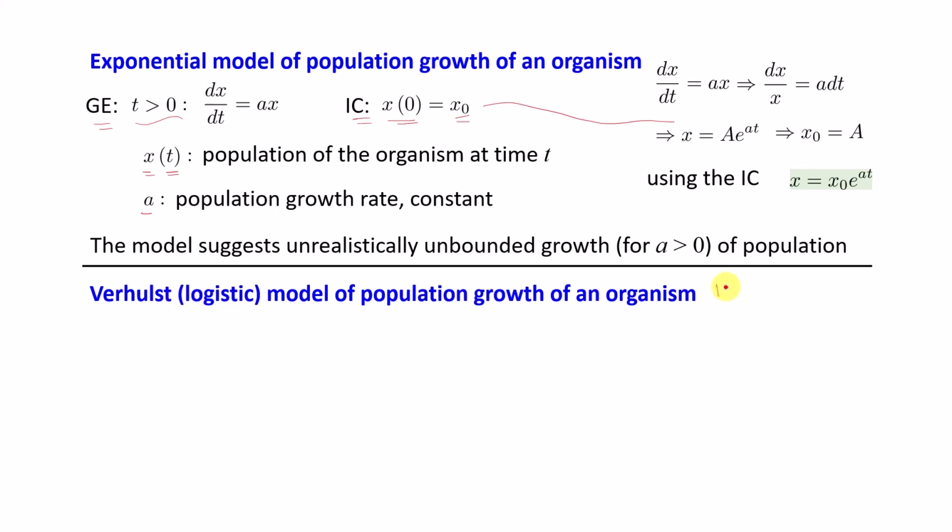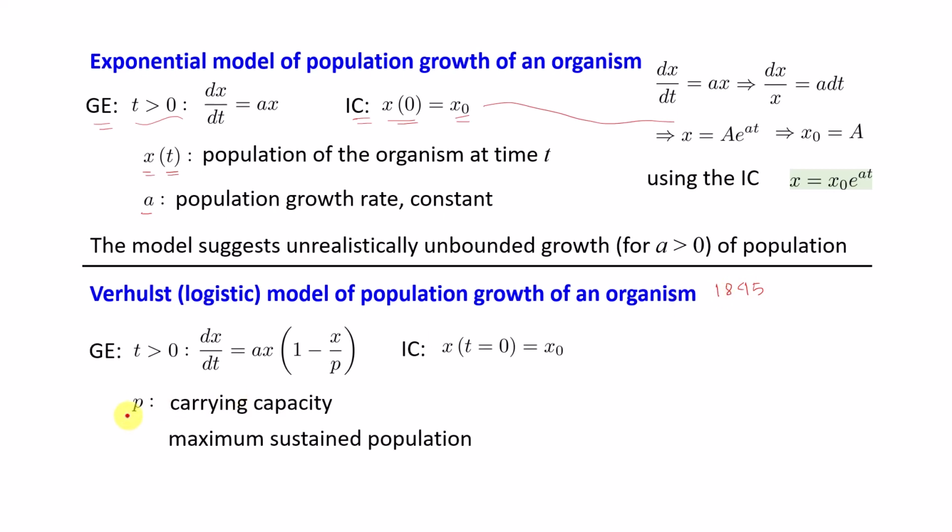In 1845, he gave us a new model where he introduced a term P, which he called the carrying capacity, that is the maximum sustainable population, beyond which Verhulst expected that the population will not grow any further. So the model comes out to be like this: dx/dt equals ax(1 - x/p). This is true as time progresses.